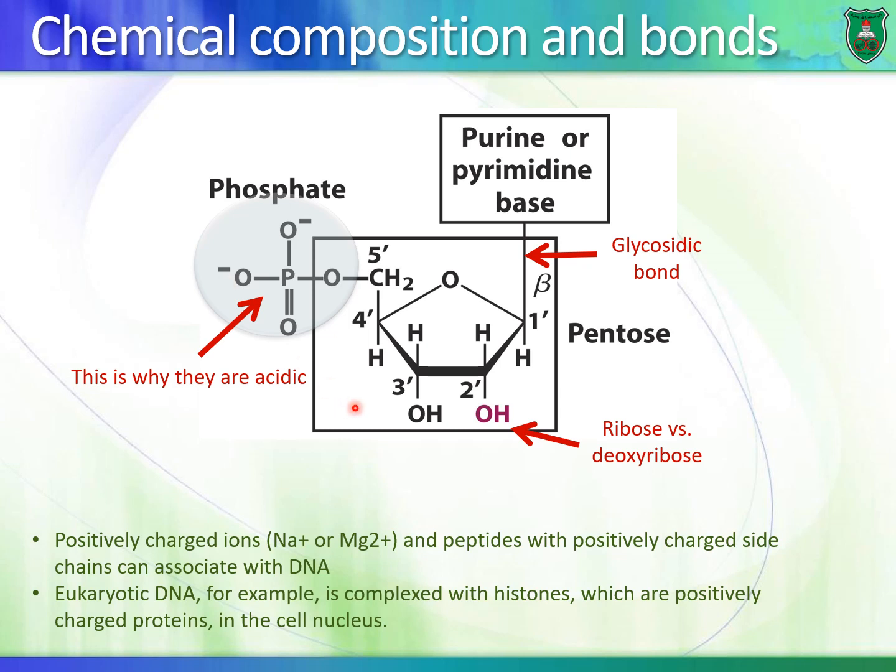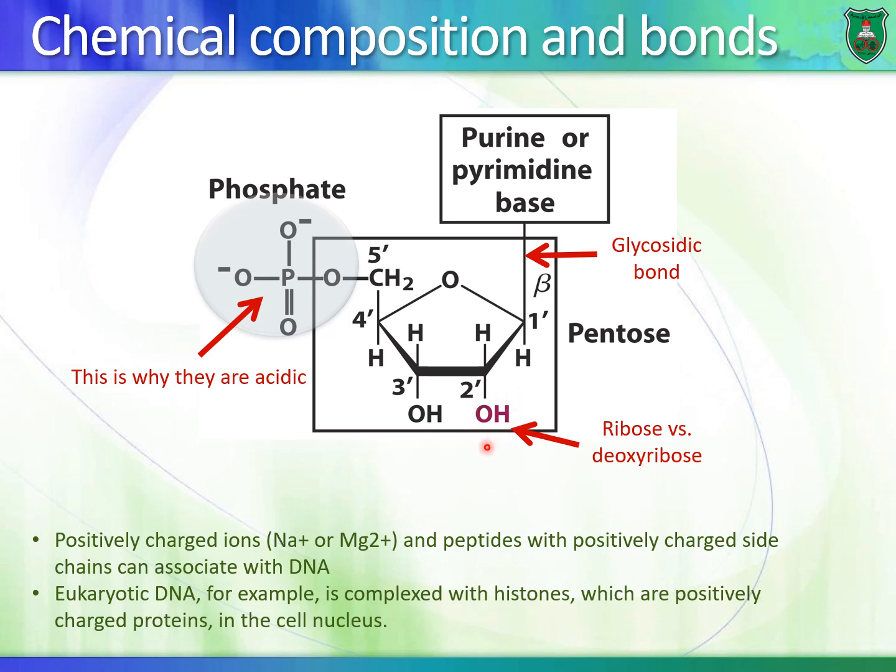Now there are two types of sugar molecules that make up nucleotides. The first is known as a ribose, a pentose, that is, a 5-carbon sugar, and that's how it looks. The other one is known as a deoxyribose. The reason is that the hydroxyl group of carbon number 2 is actually a hydrogen, not a hydroxyl group.